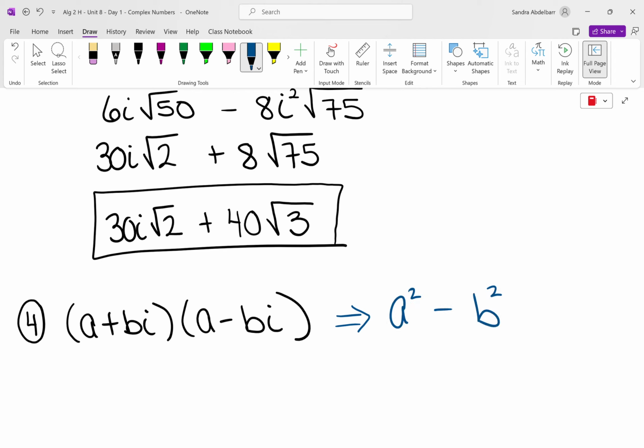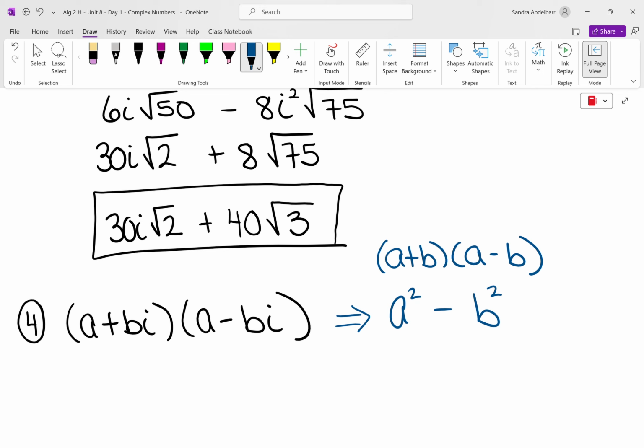Kai said it was a squared minus b squared because he treated this like a what? Binomial what? Difference of squares, right? He treated this like a difference of squares, but be careful. That would be an a plus b times an a minus b.